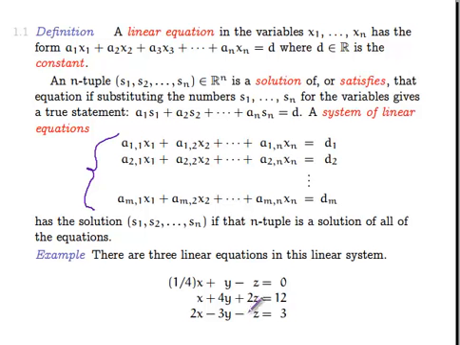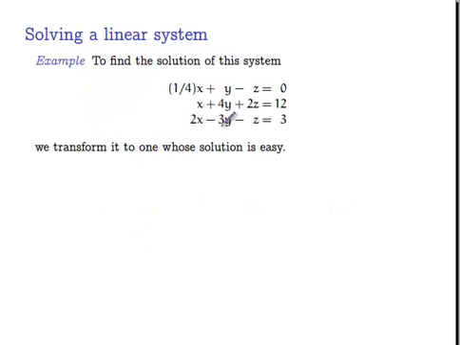Here's another linear equation, linear combination here, constant here. Okay. Now, if we wanted to find the solution to this system, we're looking for a set of three numbers, so that if I plug the three numbers in for x, y, and z consecutively, then I'll get true equations for each of these three equations.